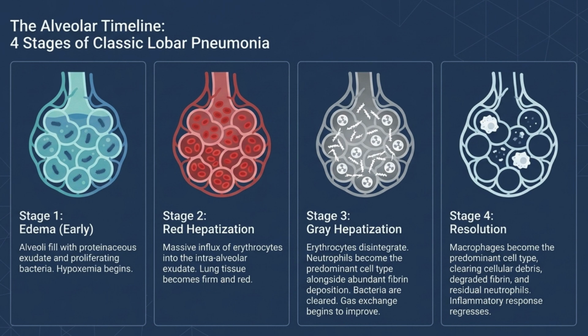Gas exchange begins to improve as bacteria are cleared. The last stage, resolution, is when the macrophages become the dominant cell type, clearing the debris so the inflammatory response can regress.